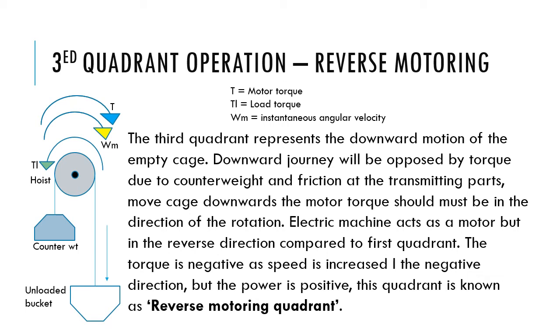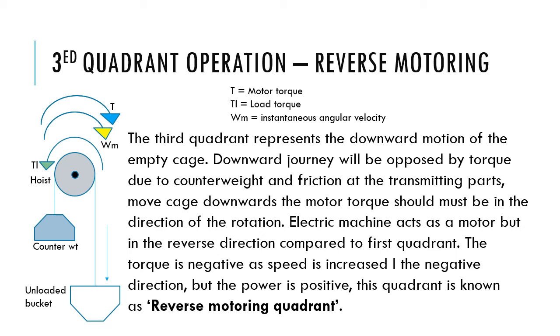Third quadrant operation, that is reverse motoring operation. The third quadrant represents the downward motion of the empty cage. The downward journey will be opposed by torque due to the counterweight and friction at the transmitting parts. To move the cage downwards, the motor torque must be in the direction of the rotation.